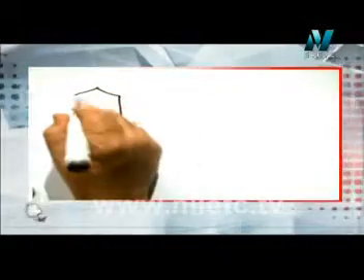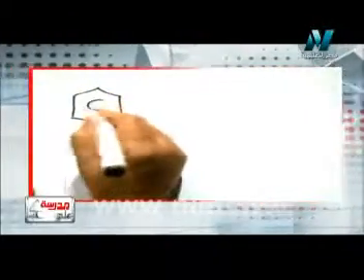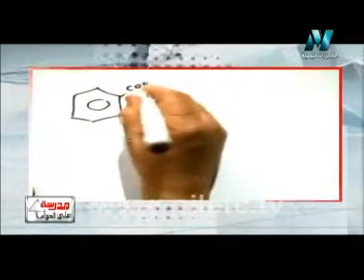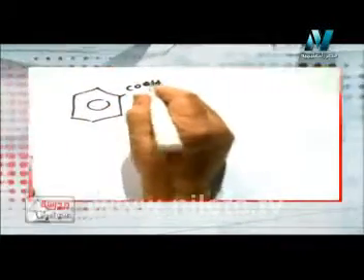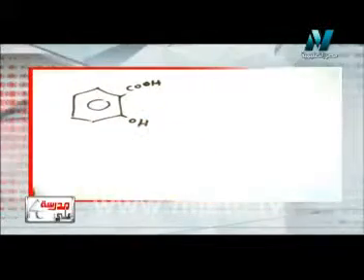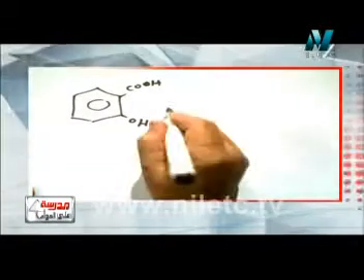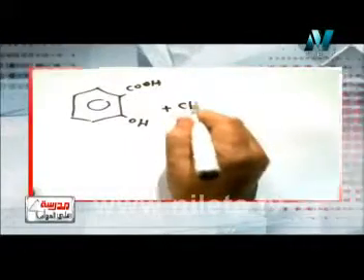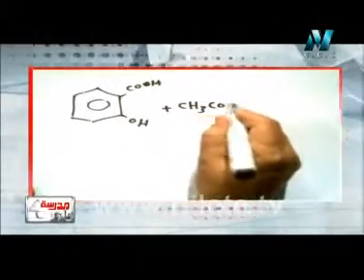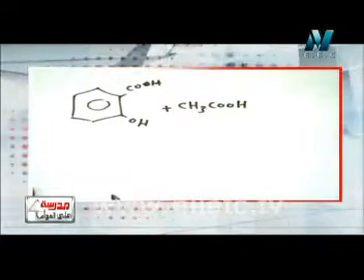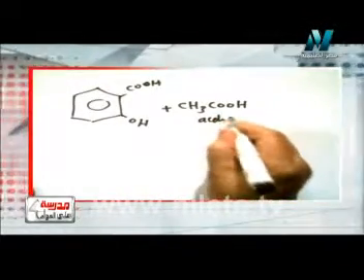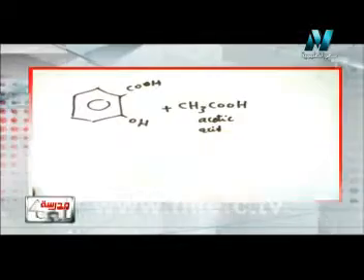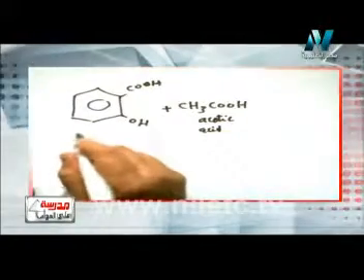When we take the reaction of the OH of the salicylic acid, which has COOH, the OH is a hydroxyl group, so it can react with the acid CH3COOH, acetic acid.